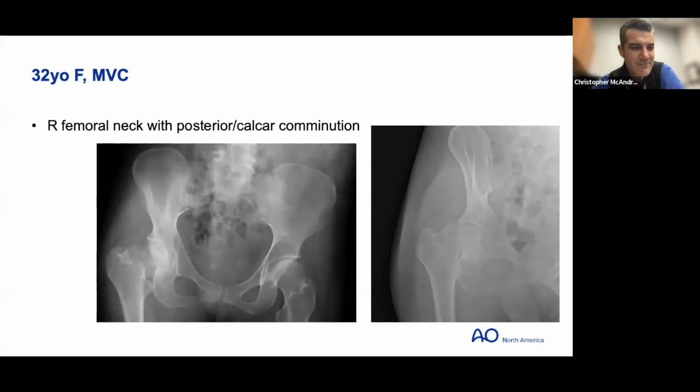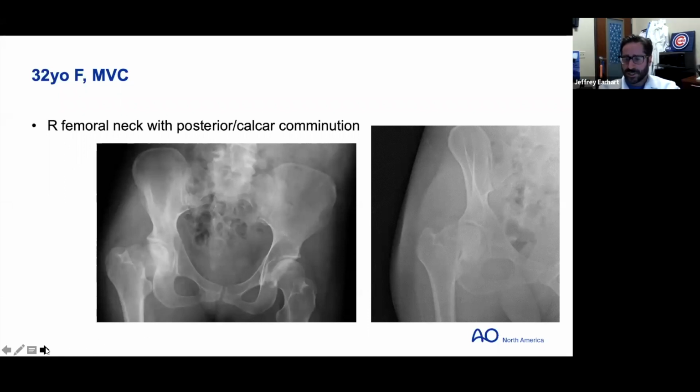Jeff, any ideas? Yeah, I think this is a great case where a traction view, just to help your mindset going into the case, would be helpful. I know we get a CT on most of these, and you get a lot of really good information from the CT. But for me, going into the case, knowing how this is going to respond under traction is very settling when I'm planning these out.